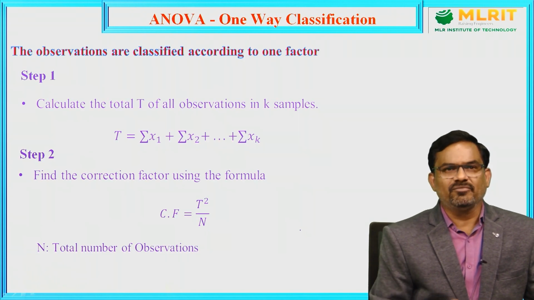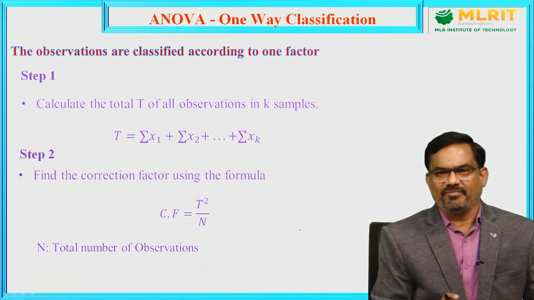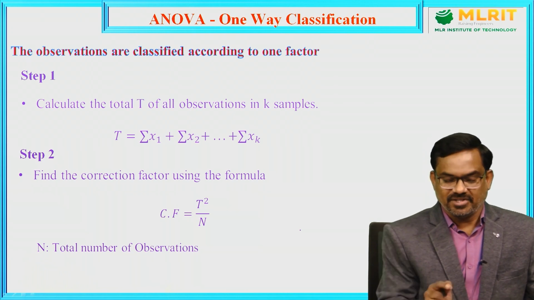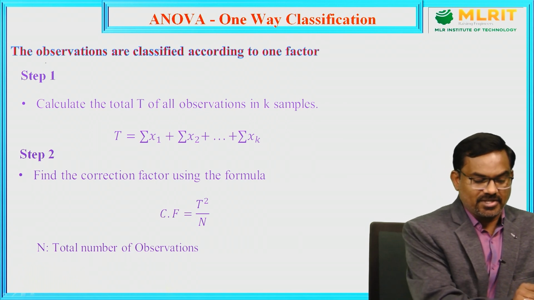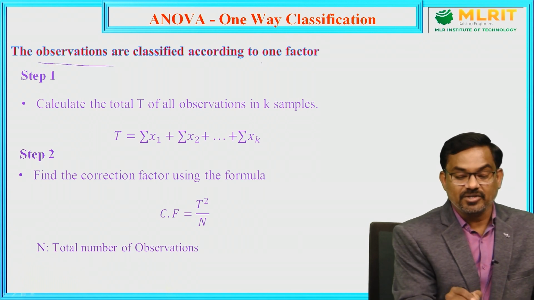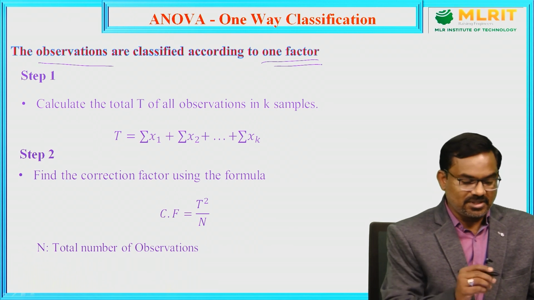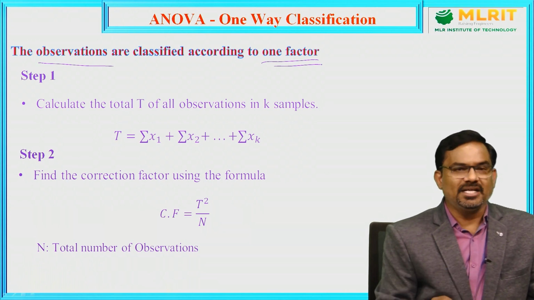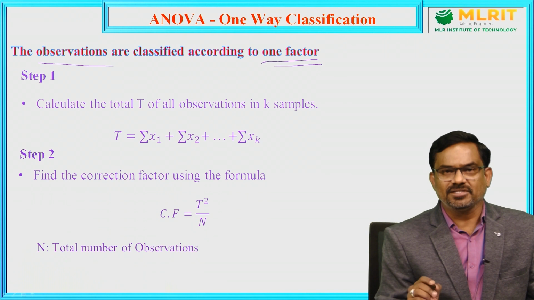The steps involved in ANOVA: the observations are classified according to one factor, which comes under one-way classification. In step 1, we calculate the total T of all observations in K samples.